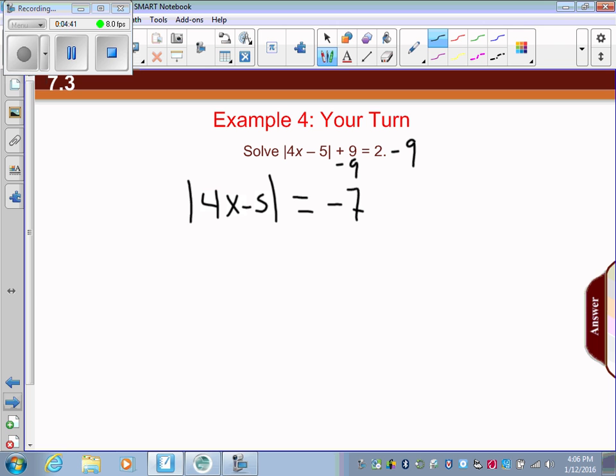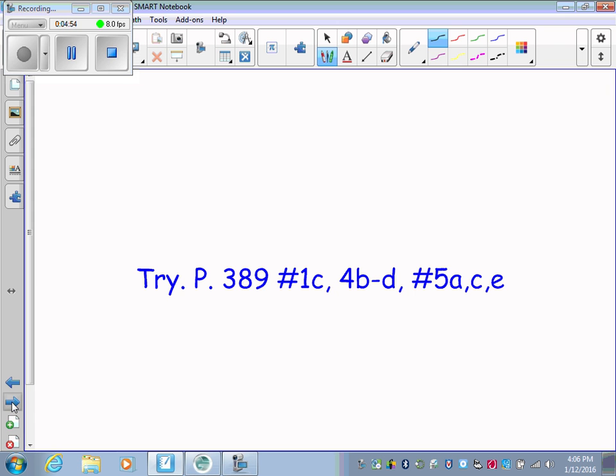We can't have an absolute value that's equal to negative 7, so there's no solution. To get some practice on that, you should now try some questions in the book on those two types, no solution type and an extraneous situation. Pause the video here to try those.